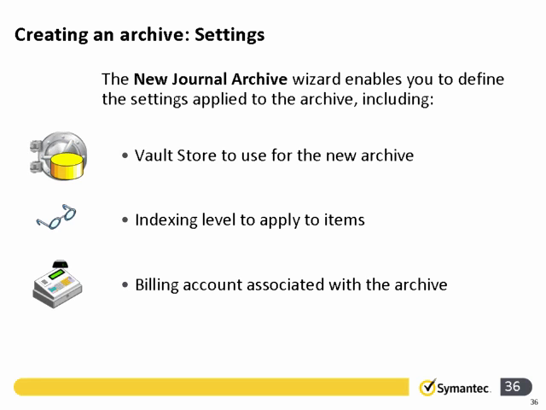Typically, if you're doing journaling, you're going to be doing compliance and discovery, so you really want to have the indexing level set to full to give you the complete search capabilities that are available with full indexing. Also, you need to specify the billing account, and again, realize that this has to do with charging for storage, and the journal archive is going to probably take up a lot more storage because it's going to have many more items in it. So you can specify that as well.